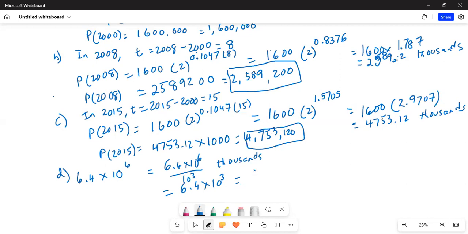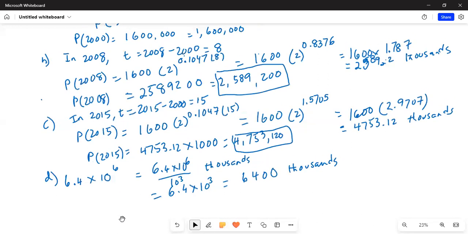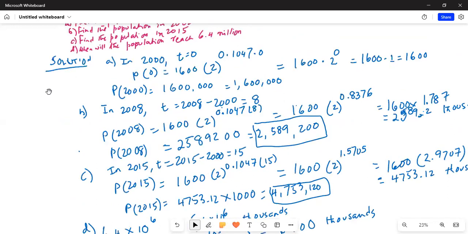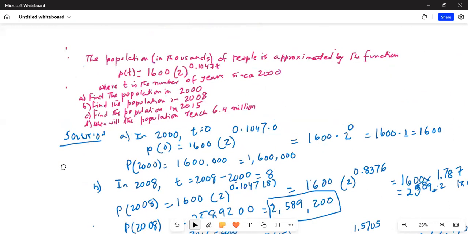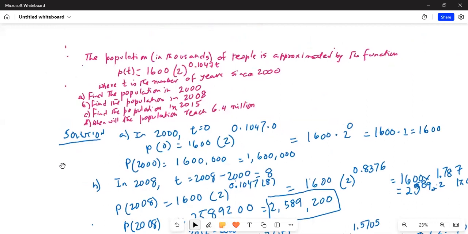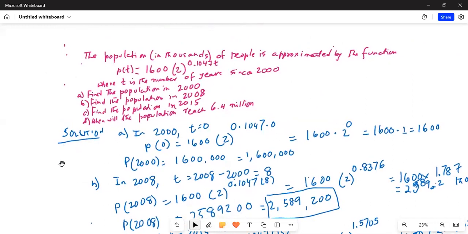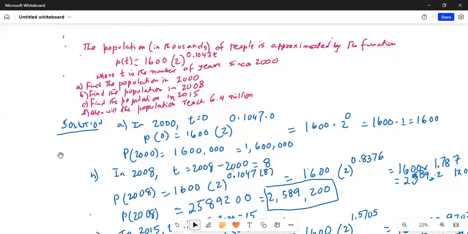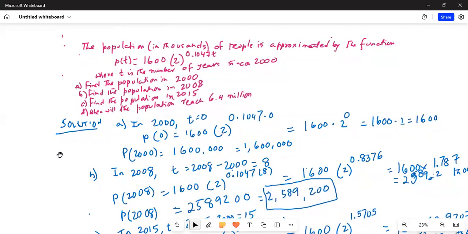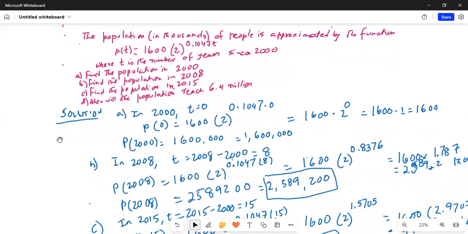That is what we are going to plug into the equation, 6400 thousand, because the equation is only in thousands. What equation am I talking about? I'm talking about this equation over here, where the population in thousands of people is approximated. So my left-hand side is now 6400.